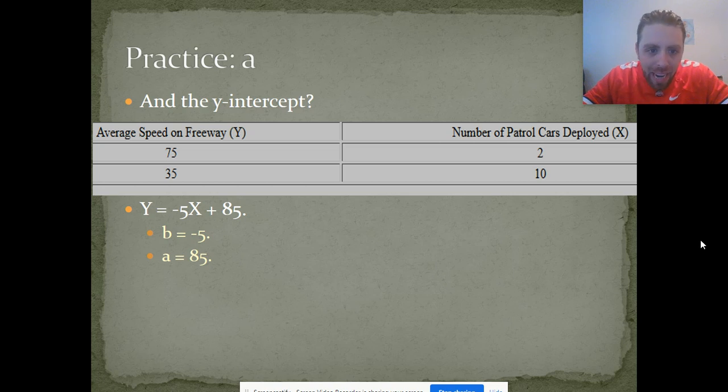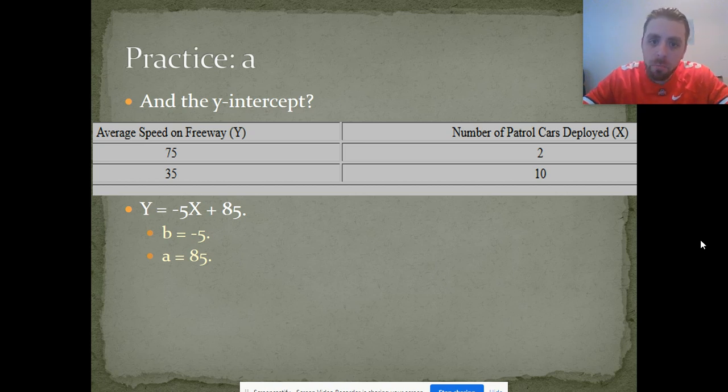You can actually figure this out by simply looking at the value of y when x is equal to 2. Even if I didn't tell you what this equation was, you know that each additional car you add drops the average speed by 5 miles per hour. So if, in theory, I go from 2 cars to 1 and from 1 to 0, what's going to happen here?